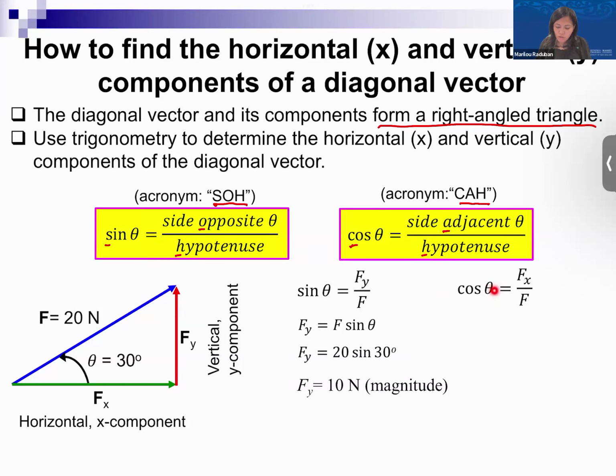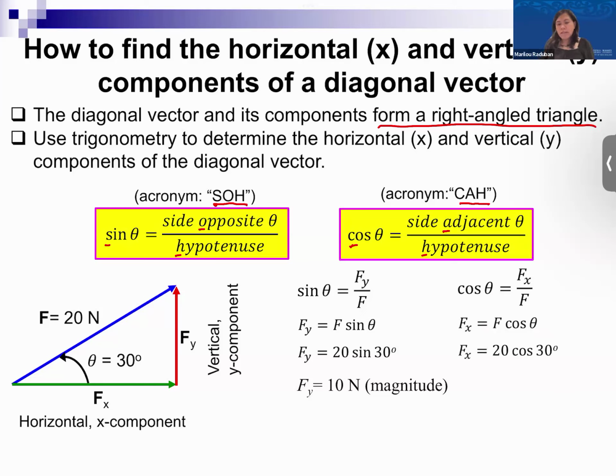Cosine theta will therefore be equal to the x component of the diagonal vector because the x component is adjacent to the angle theta, divided by the hypotenuse of the right angled triangle. Okay, we're after the x component, so similarly we rearrange this equation. The x component will therefore be equal to the hypotenuse times cosine theta.